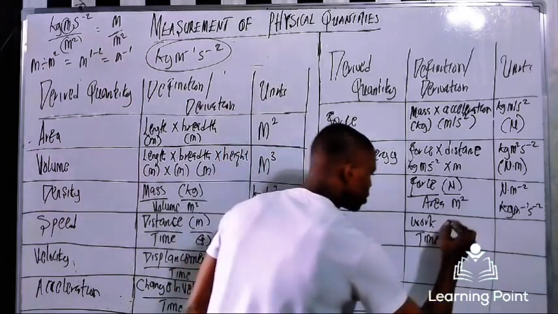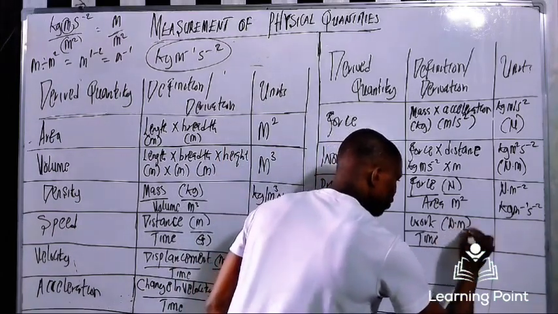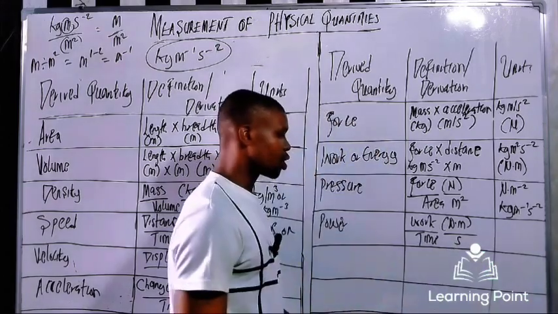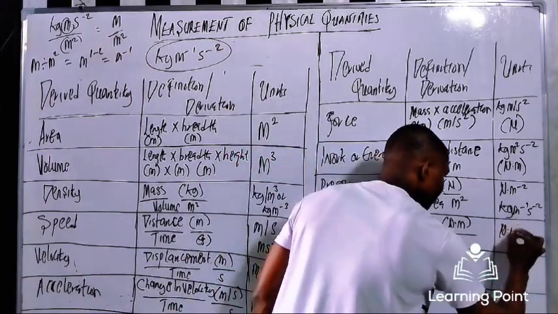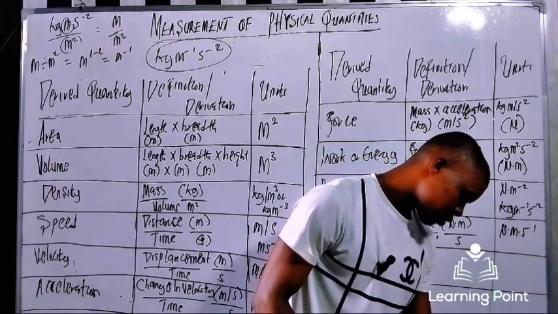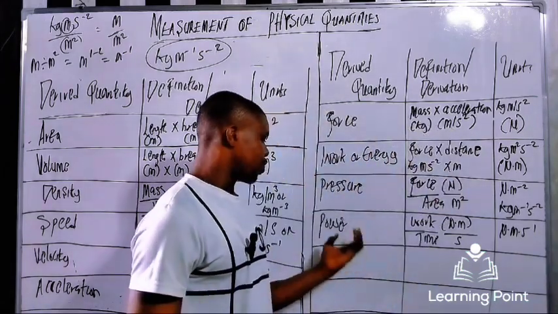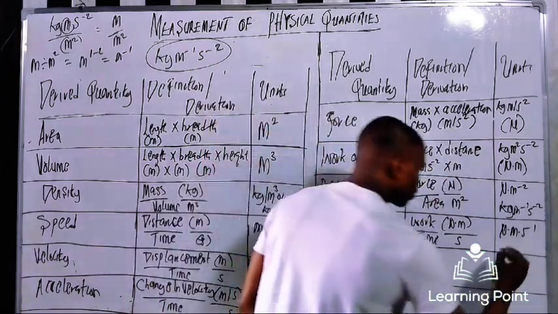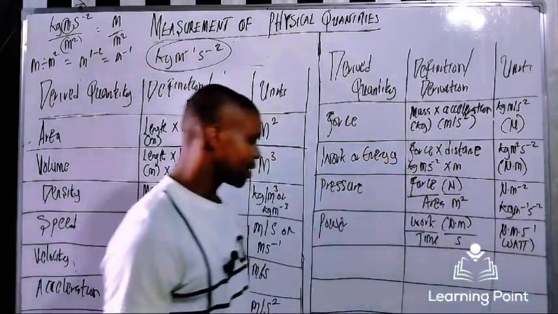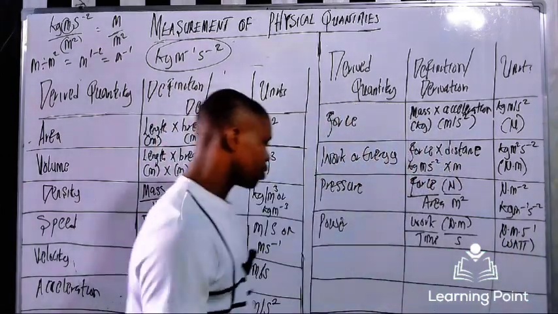So you have Newton meter over time, and my time is seconds. Can you see that's going to be Newton meter per second. Now, the unit of power you also know as watts. Watts. That is it.